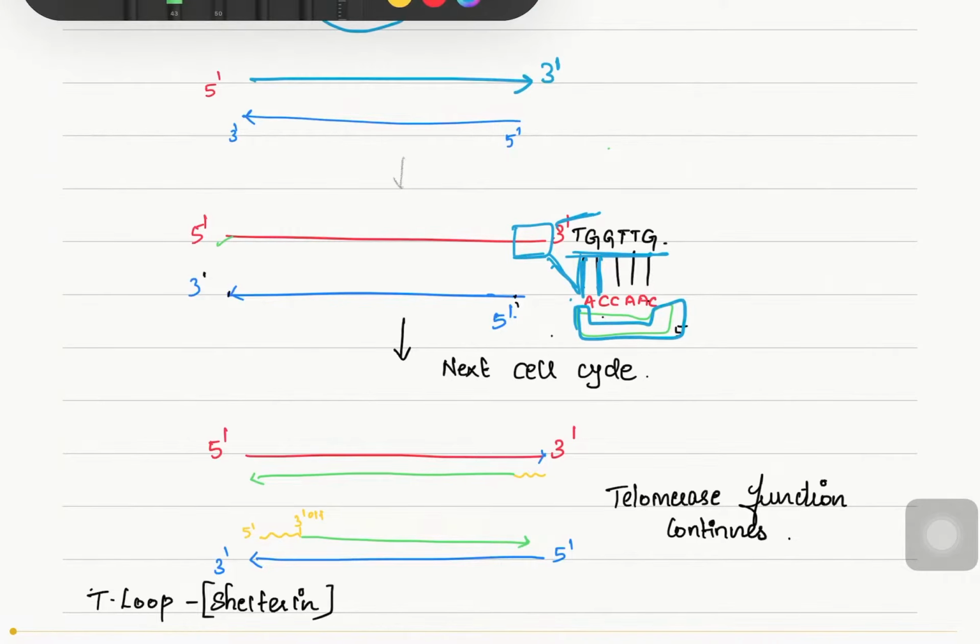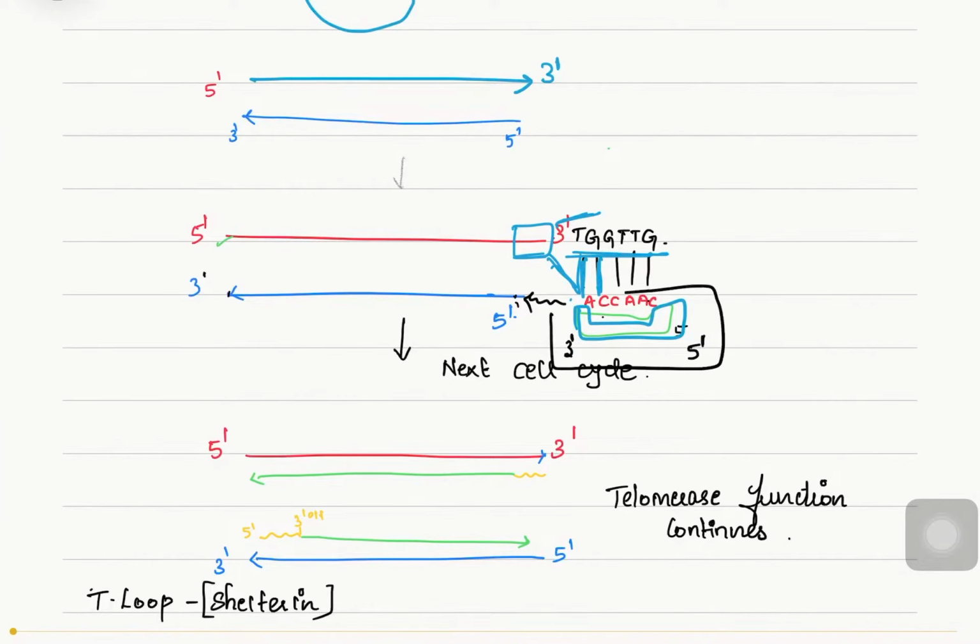Always a new strand should be synthesized in 5 prime to 3 prime direction. It should be like this. So this is 5 prime and this is 3 prime end for this telomerase.